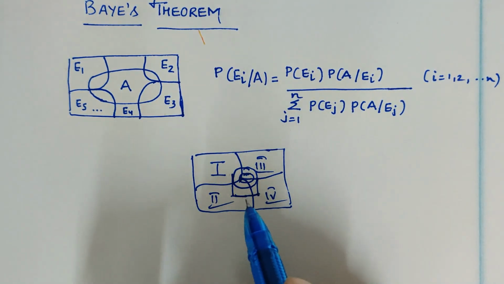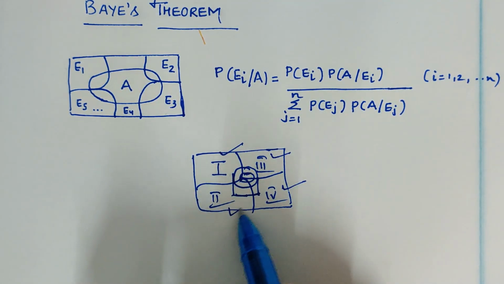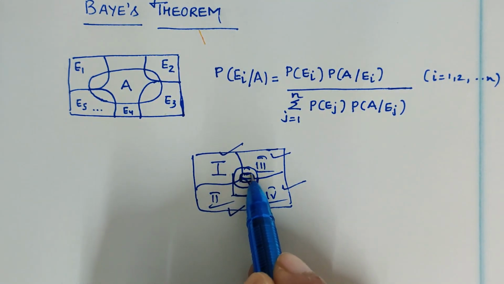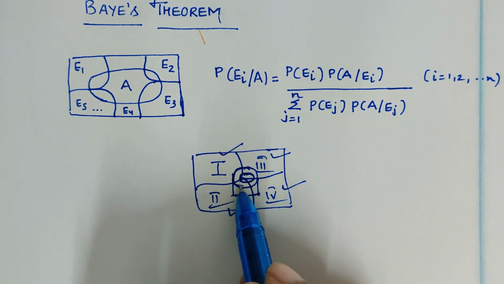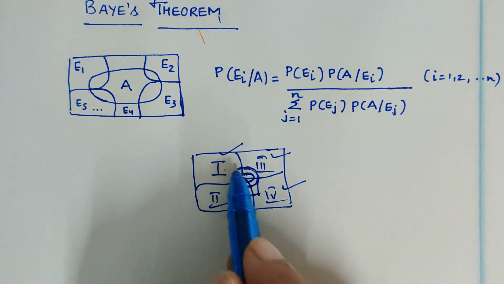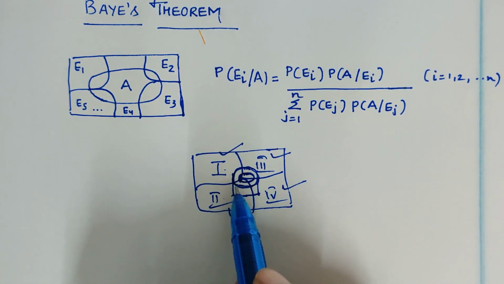The thing is, there should be disjoint sets, like the 4 different houses, and there should be a common event which is shared among the disjoint sets, like the common well from which the villagers get water.